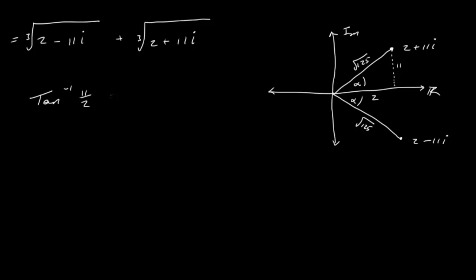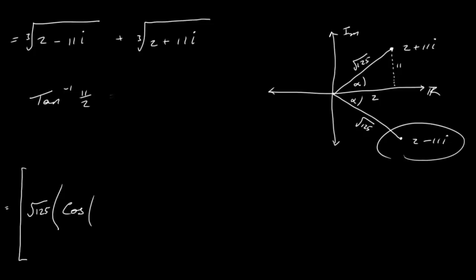So what I'm going to use is de Moivre's theorem just to convert these to polar form. So let's run through that. Now we have to find the cubed root of, let's put it all in a big bracket here. So we've got to find the cubed root of the square root of 125 times the cos of, now to take this one down here, our angle is negative.